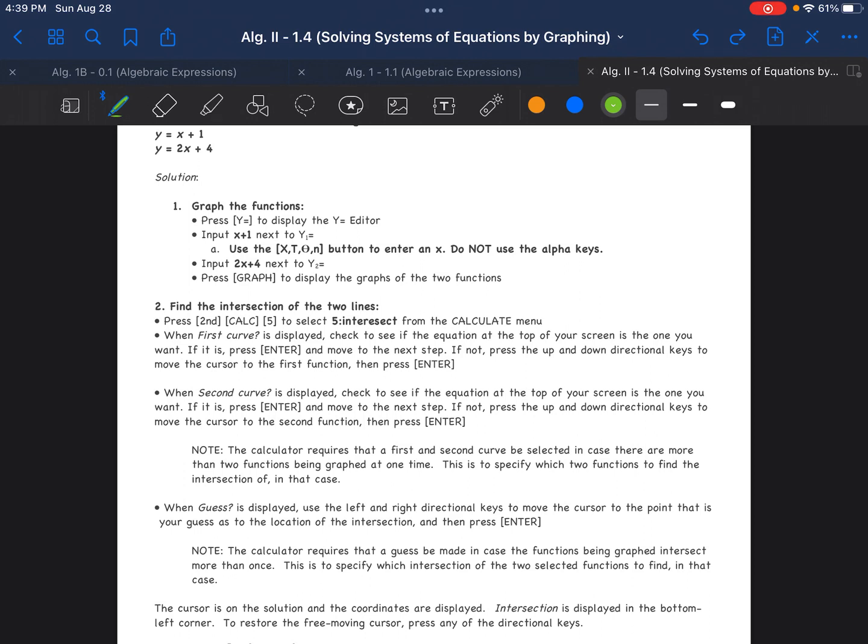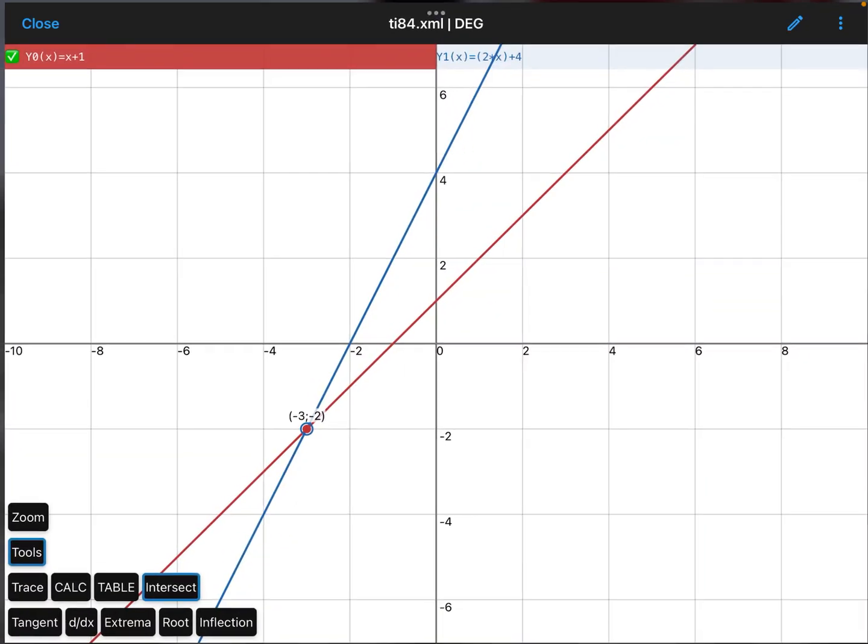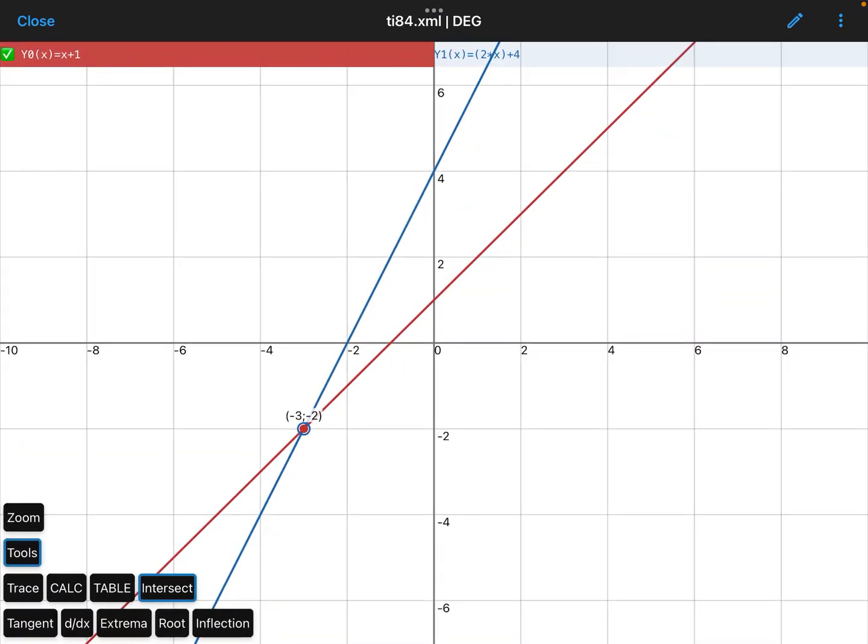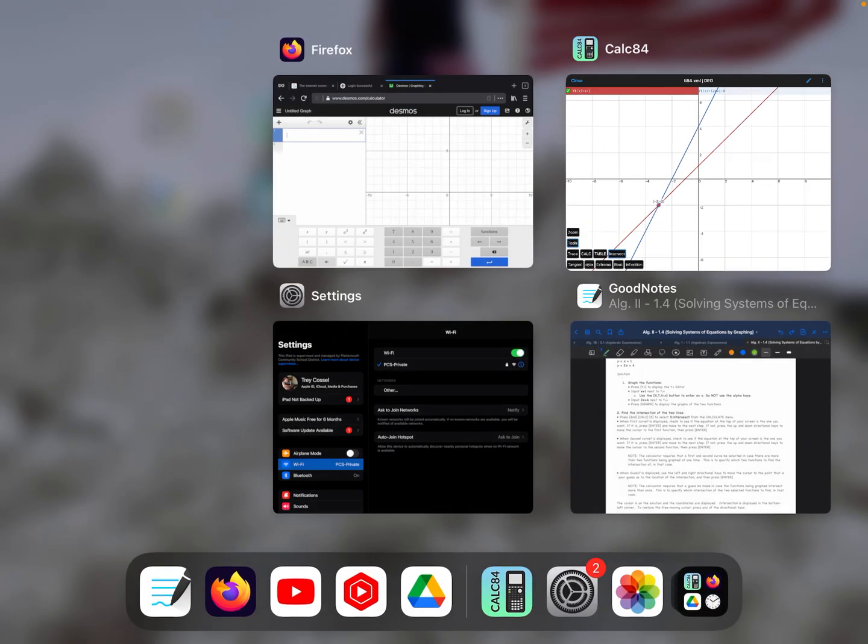If it's not on one of those, the instructions here tell you to move it up or down. And then guess. You don't actually have to guess for what we're doing here, so I wouldn't worry about it. So I just hit enter through the guess and not worry about guessing. And then it'll do the same thing mine did here, where it says, boom, there's the intersection and there's the point. So that would be your solution, -3, -2.